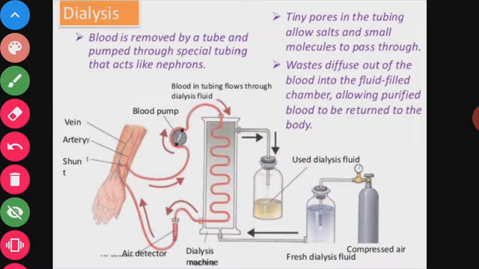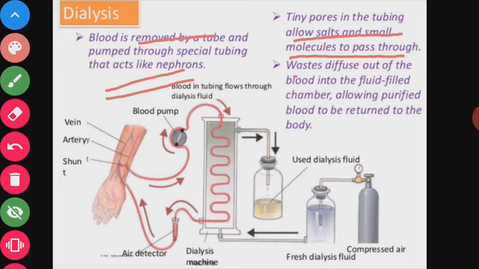Blood is removed by a tube and pumped through special tubing that acts like nephrons. There are tiny pores in the tubing that allow salts and small molecules to pass through.